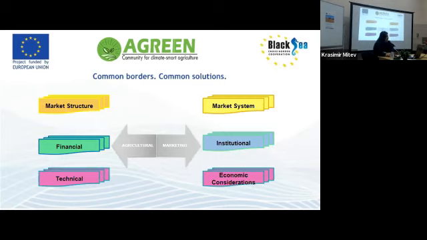The definition of agricultural marketing is taken into consideration when the farmer puts into action activities that take into consideration their market structure and their market system, financial and institutional, and takes into consideration the technical and the economic parameters of the market.